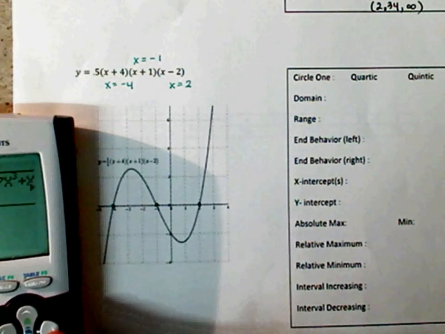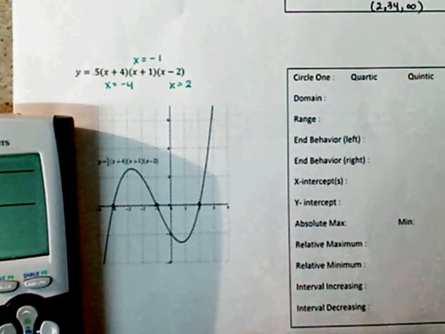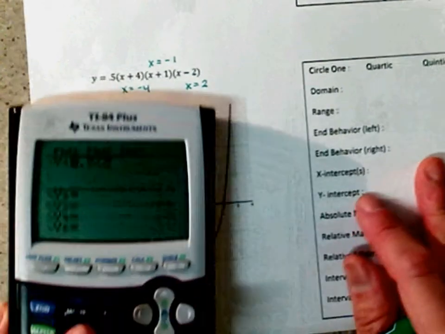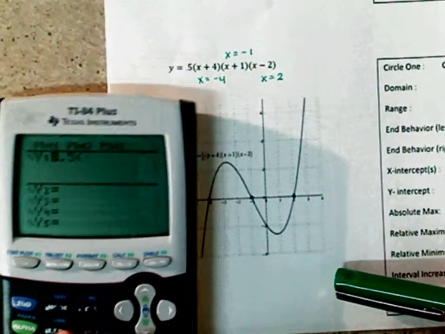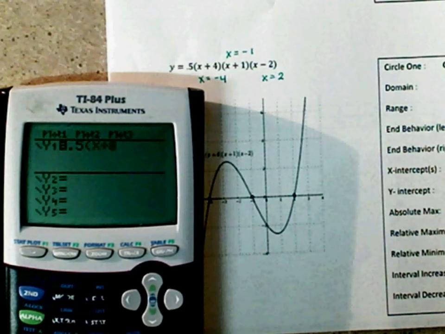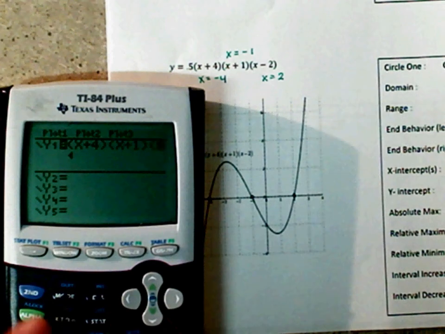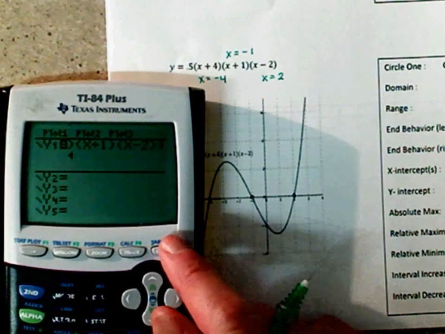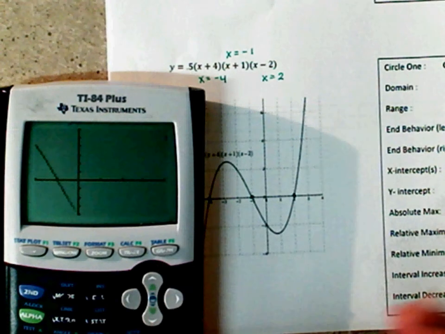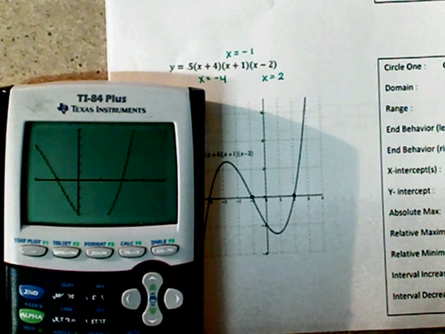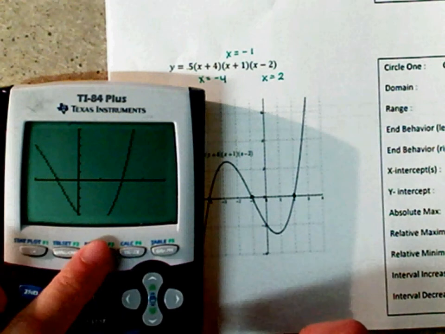Clear. So I'm going to type it in, 0.5, parentheses, just like I see it, okay? X plus 4, parentheses, X plus 1, parentheses, one more, parentheses, X minus 2. All right, and there I have my graph. It's not going to show everything, of course, okay? But I'm going to go ahead and hit zoom 6, and I'll be just fine with that.